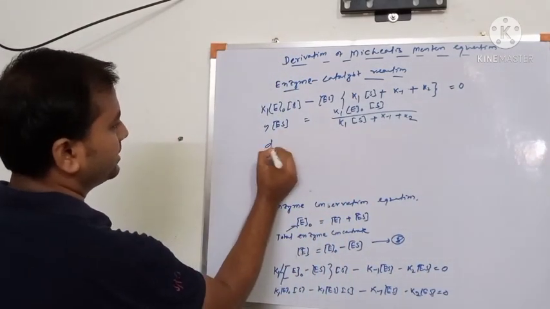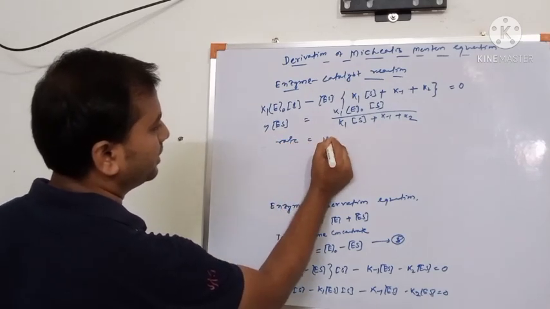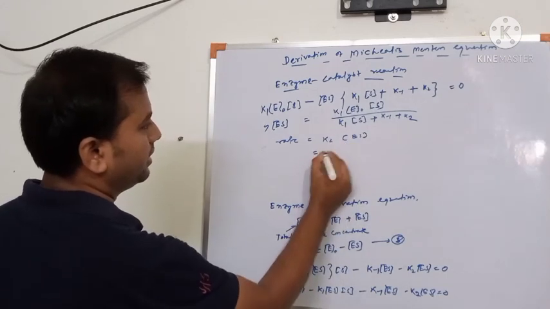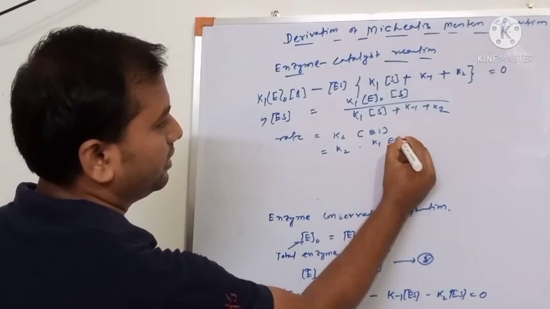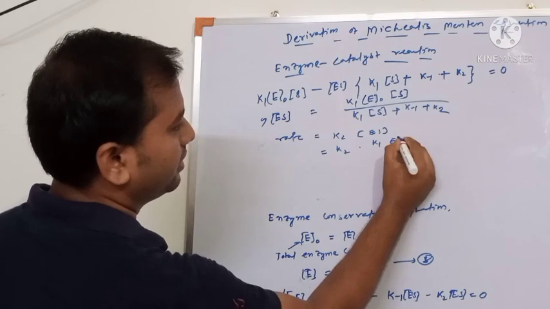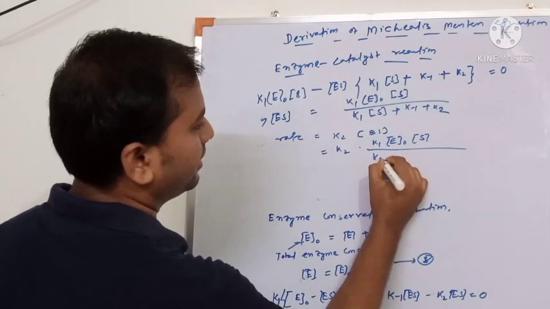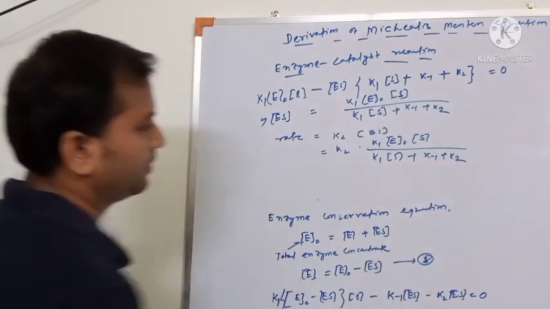The first equation is rate equals K2 into [ES], which gives K2 K1 E naught into substrate concentration, divided by K1 substrate plus K minus 1 plus K2.